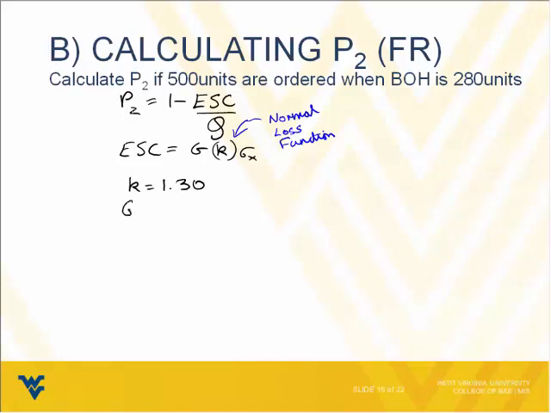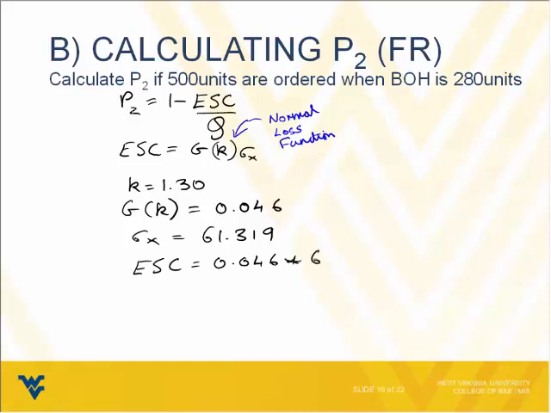So your G, the normal loss function, is equal to 0.046. We know that our standard deviation of lead time demand is 61.319, and so our expected shortage per cycle is 0.046 multiplied by 61.319, which gives us 2.821.